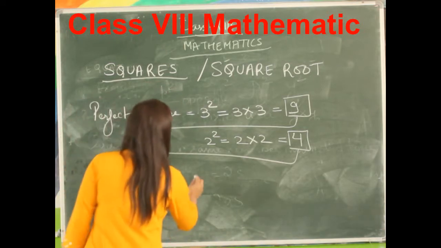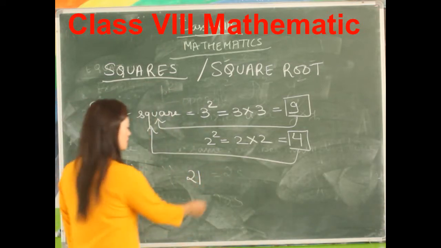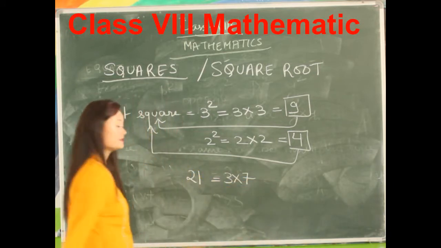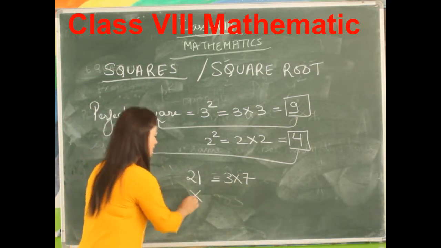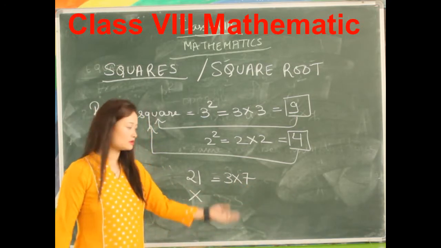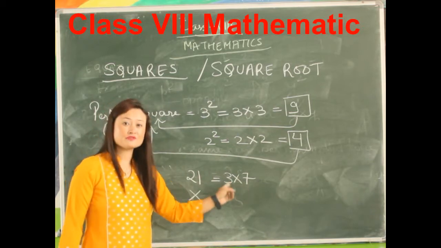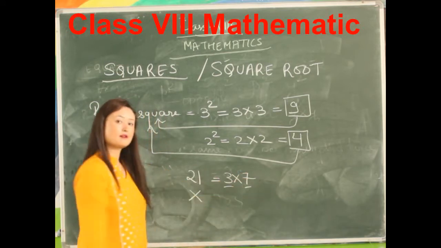What about 21? We get 21 by multiplying 3 and 7. Do you call it a perfect square? No. It is not a perfect square, because we have to multiply different natural numbers here, 3 and 7.